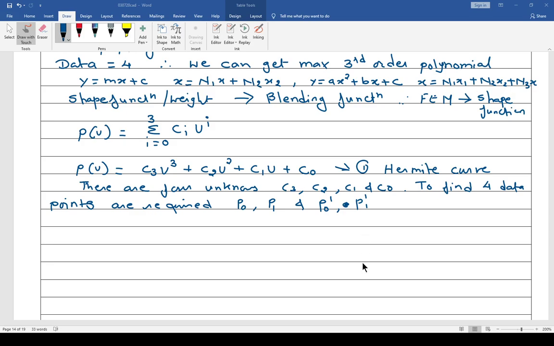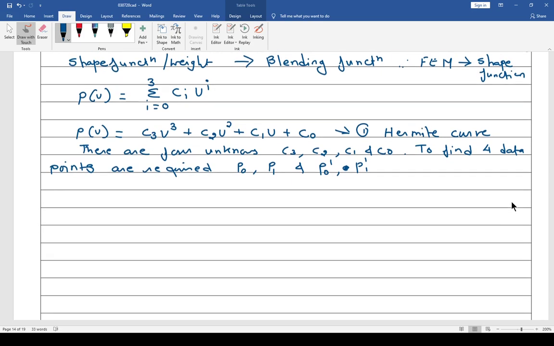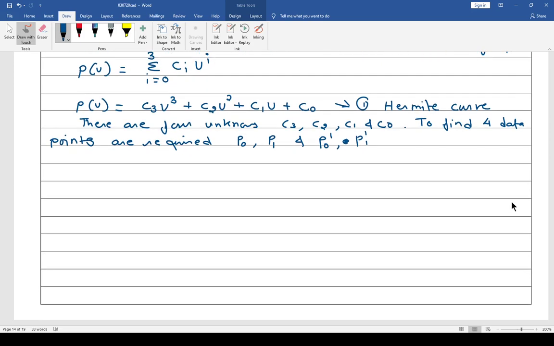Okay, so we'll start to derive the equation. First we'll write down how the curve is going to look. Let's say I know this first point, I call this P0, and let's say I know the second point and I call this P1.